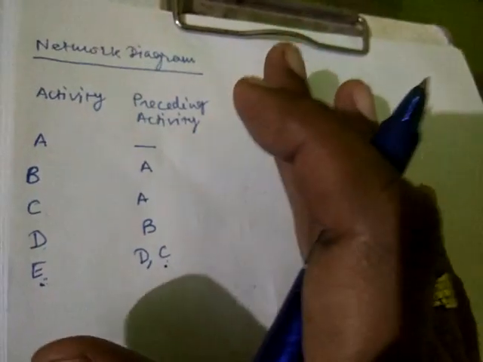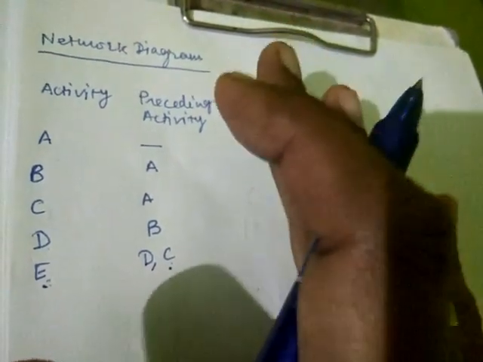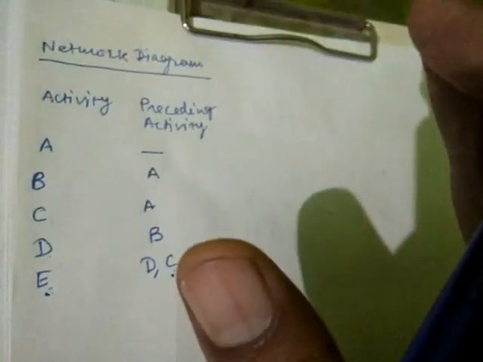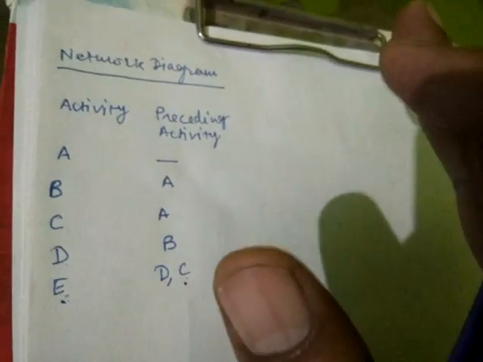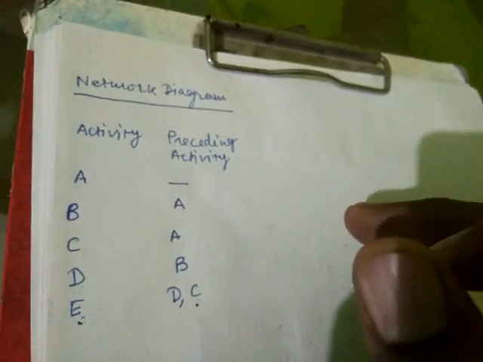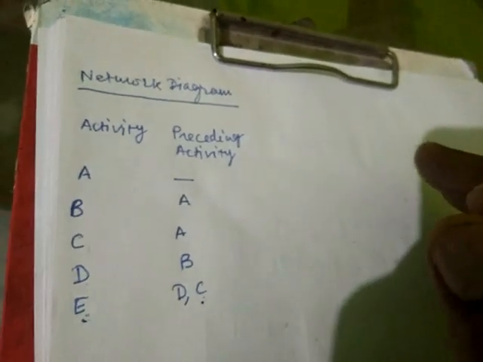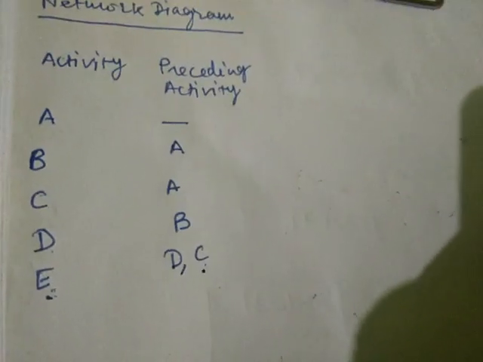The first thing is that never try to make a network diagram in a single attempt, in a single draft. Be prepared to make at least 2 or 3 drafts. Why? This is my way, this is my experience. If you try to make a network diagram in a single attempt, you may face some difficulty.